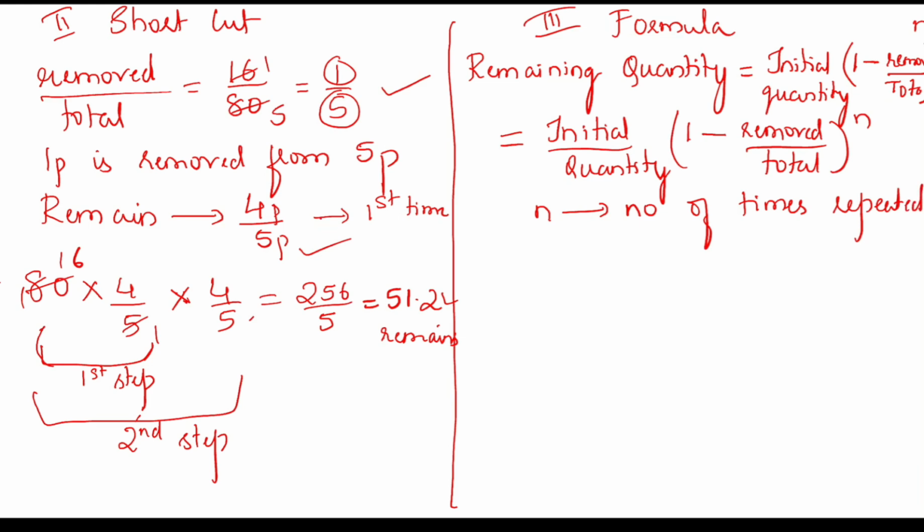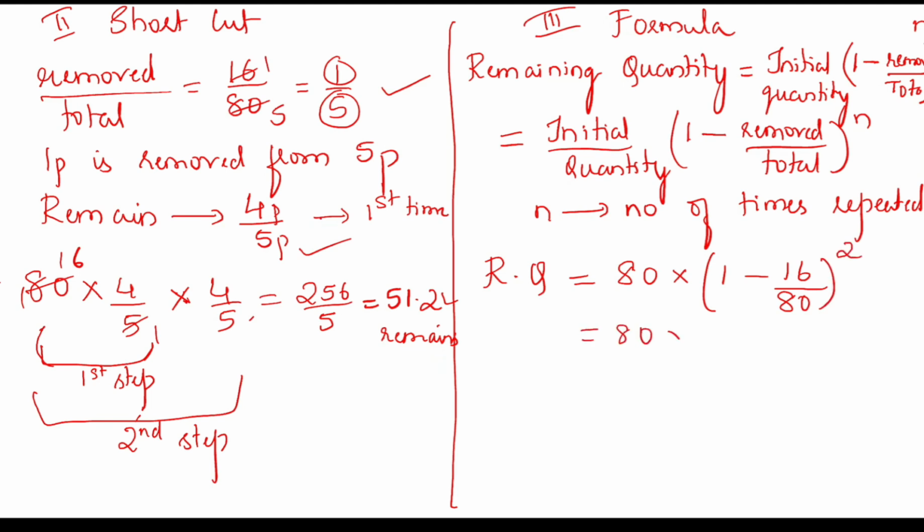Okay, so let us substitute the values. The remaining quantity is equal to the initial quantity, which was 80 liters, into 1 minus the removed quantity, 16 liters, from 80 liters in total. How many times is the process repeated? It is repeated 2 times.